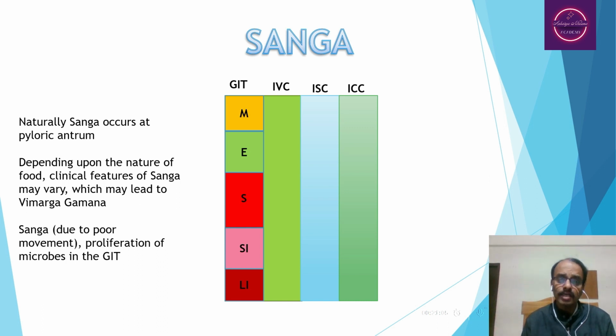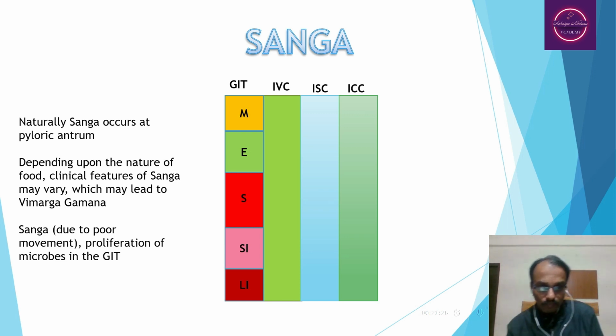Why may this infection occur? Because the microbes are proliferating in increased number in the stomach, small intestine, and large intestine, because we are consuming a carbohydrate rich diet.